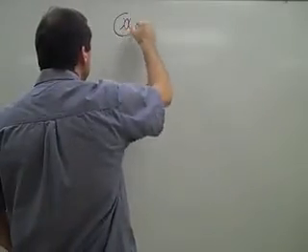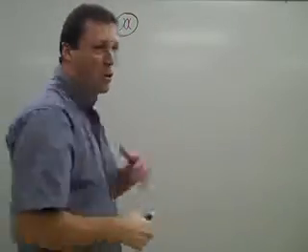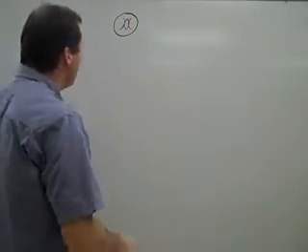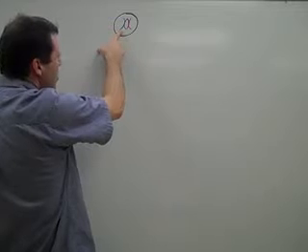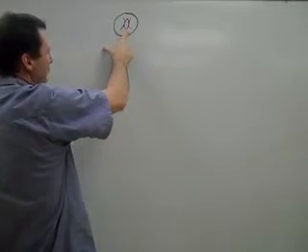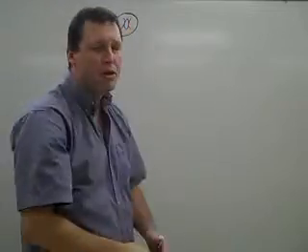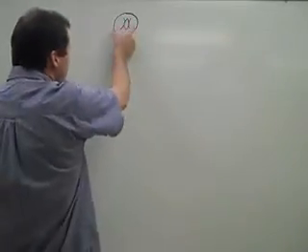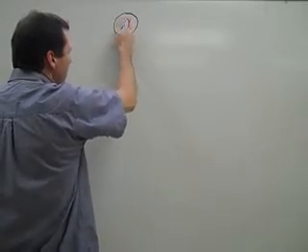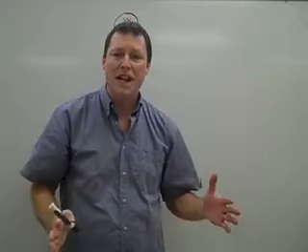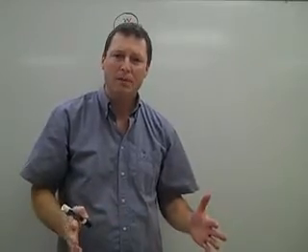Obviously the chromosomes are not that big in a cell, but we need to be able to see what's going on. Here's a chromosome from dad, here's a chromosome from mom. I'm only showing one tetrad, but there are 22 other tetrads in there, so there should be 23 tetrads in this cell. I'm just going to show one out of the 23 to make things easy.